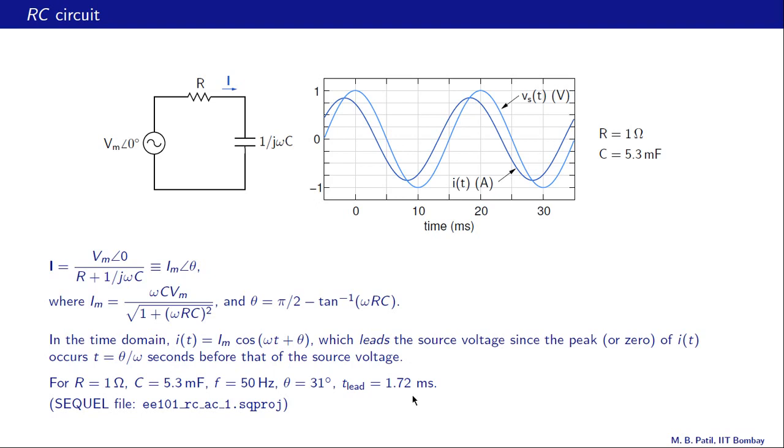In other words, the current goes through its peak before the source voltage goes through its peak, and that is why we say that the current leads the source voltage, since the peak of I of t occurs theta by omega seconds before that of the source voltage.